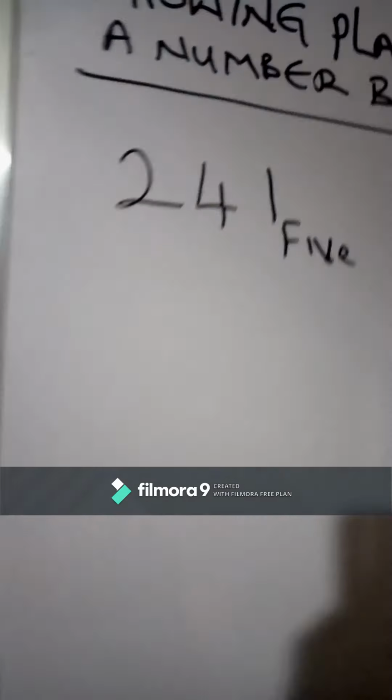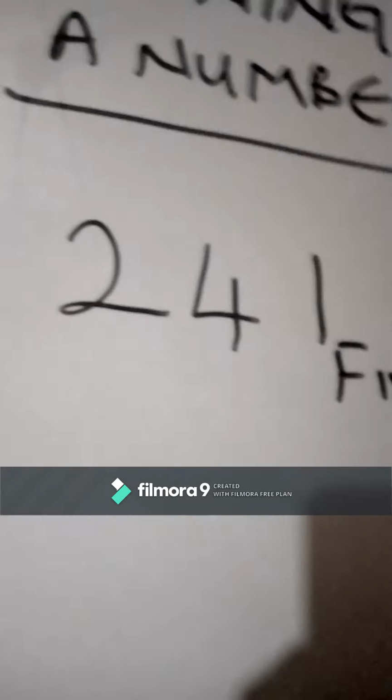Now, number bases are written out in powers of the base. So I'll be writing this as 2 times 5. Just follow me. This 5 will have a power, but follow me first.